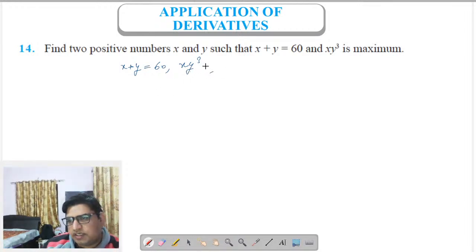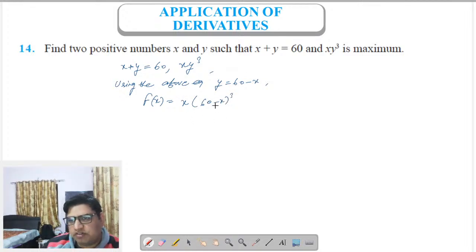Okay, and so we can substitute the value of, using the above equation, we can simply write y is equal to 60 minus x, and here we have f(x) is equal to, so we can substitute the value of y into this, so this will be x (60 minus x) cube.